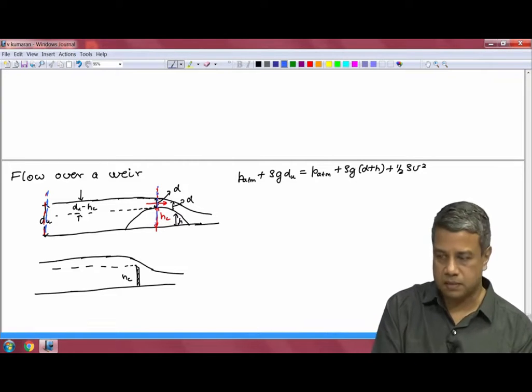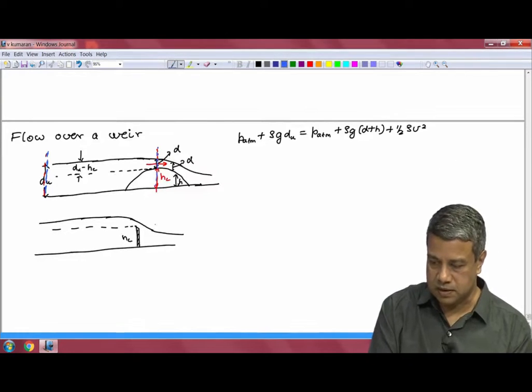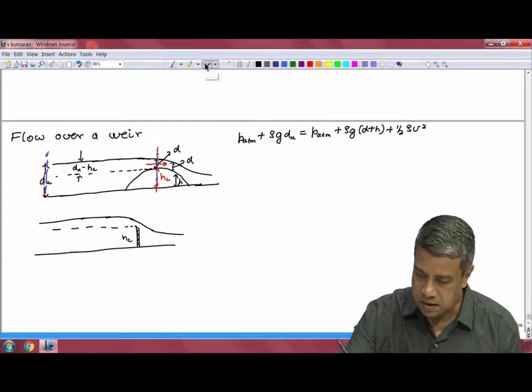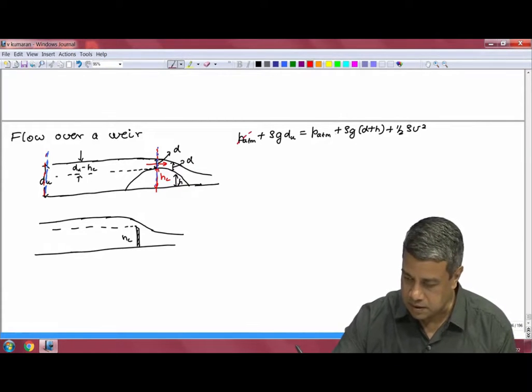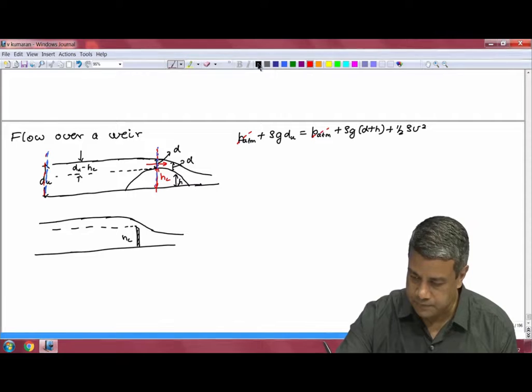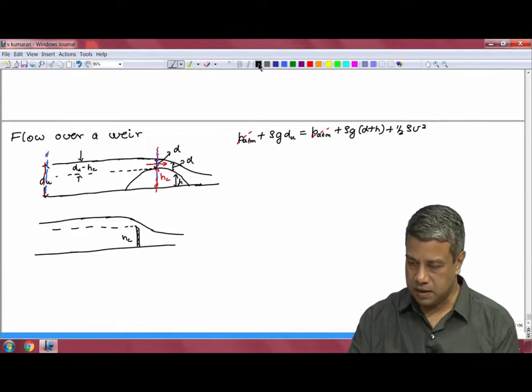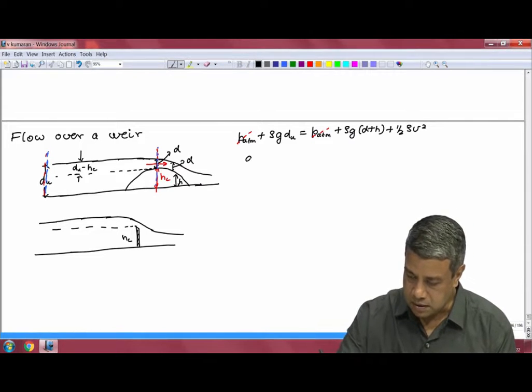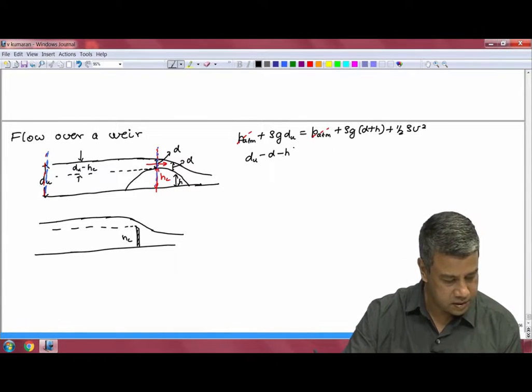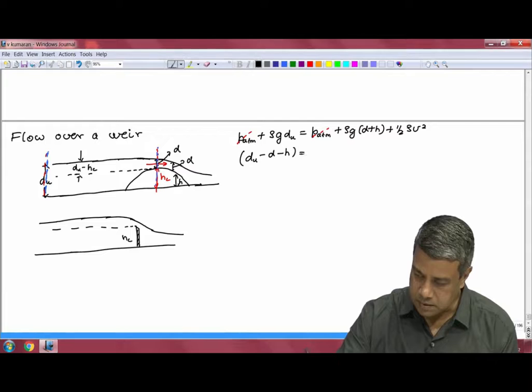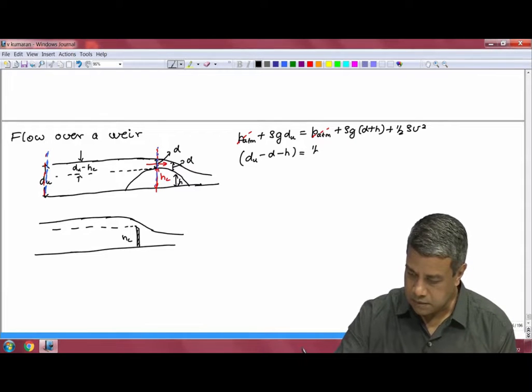So, that is going to be the Bernoulli equation written between these two cross sections, and I can cancel out the atmospheric pressure at these two locations, and I will get du minus d minus h is going to be equal to half v square by g.